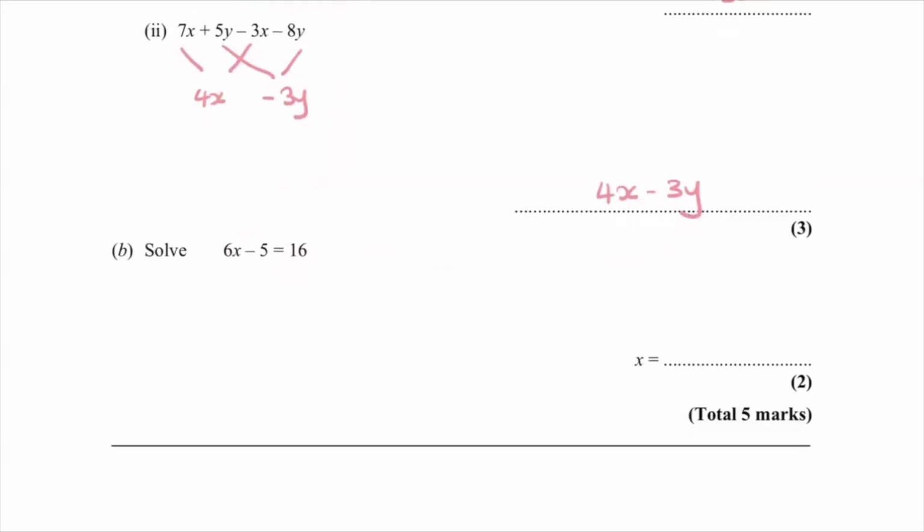For part B, if I want to know what x equals, I've got to get it on its own. So we're going to pick up that take 5, throw it on the other side, it will land as add. That tidies up to give me this. And then this is a times on that side. So when it comes across, it will land as a divide. Pop that in your calculator and you get 3.5.